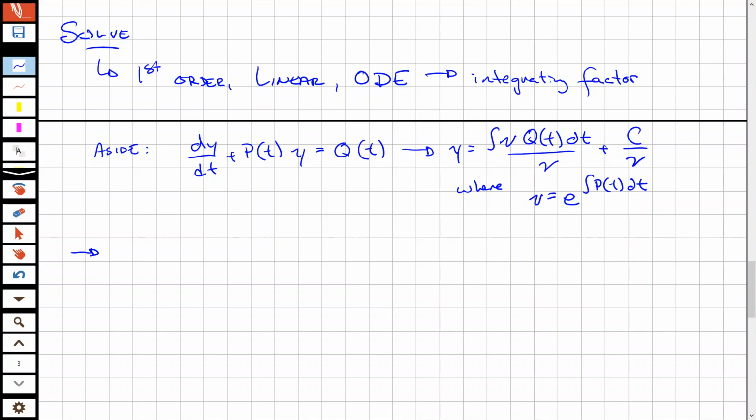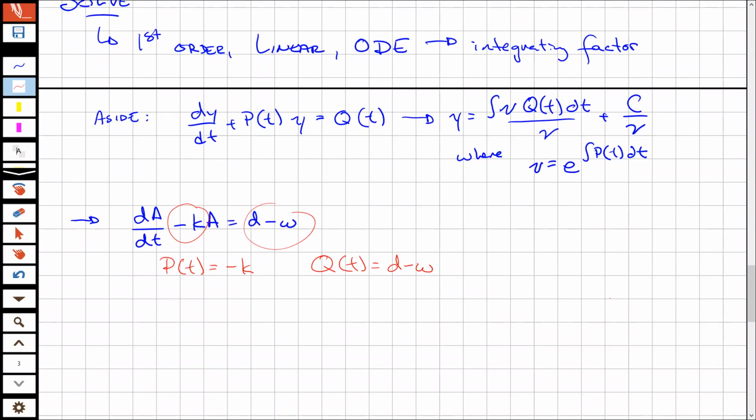In this case, when we look at our equation, I'll write it again here. dA/dt minus ka equals d minus w. Okay. This negative k is our p of t. This is our q of t. It's very important that you have the equation in the right form before you start.